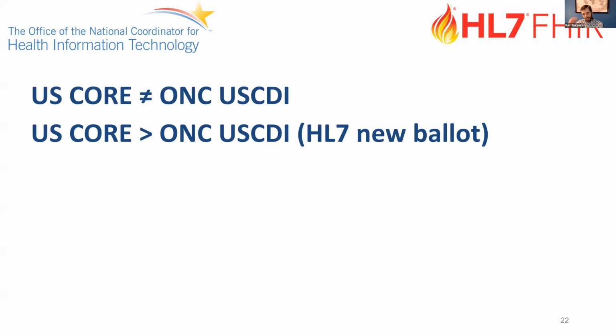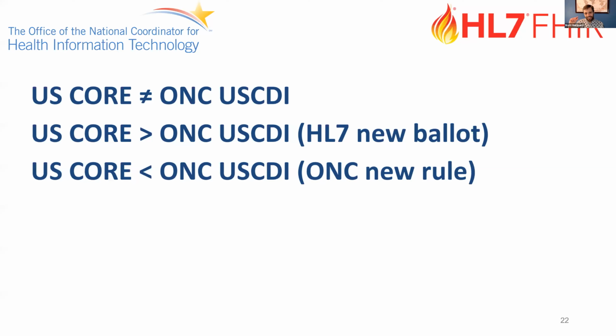But after we submit that ballot in December, ONC, of course, is going to publish a new version of USCDI in draft form. And so immediately after that, the ONC's USCDI is a little bit bigger. And sometimes I say a little, maybe that's an optimistic wish, but the pattern is 15 to 25-ish data elements. And so when ONC publishes that, there's a moment where the ONC USCDI is again bigger than US Core.